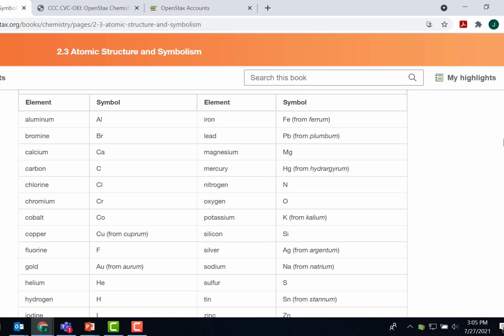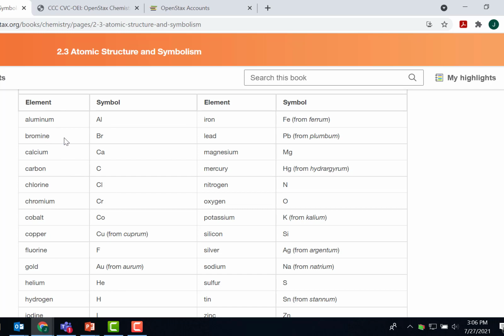To me, that seems like a waste of your time, because the whole point of the periodic table was to avoid memorizing this information. So it's there to look at and use. You will always be able to look at a periodic table, so don't worry about trying to memorize it. We're just showing some examples here of elements and the symbols that we use for those elements.